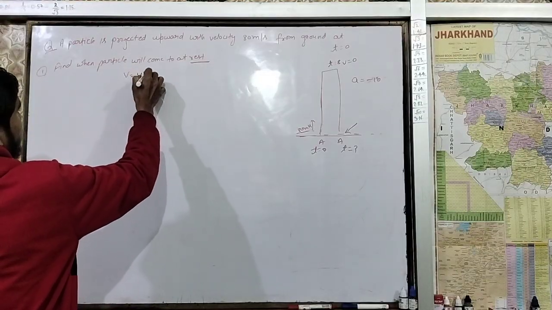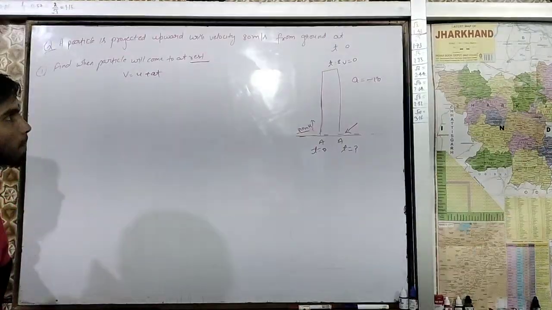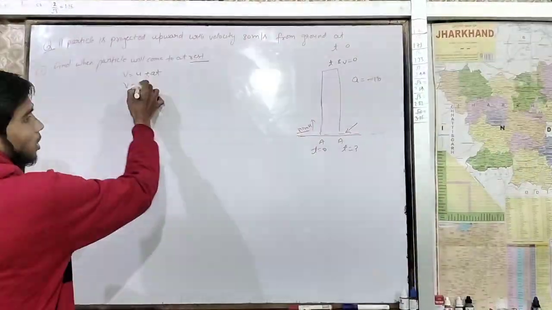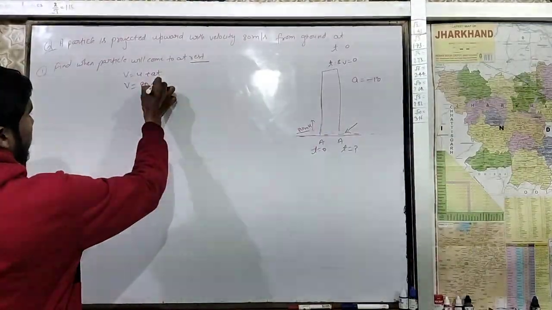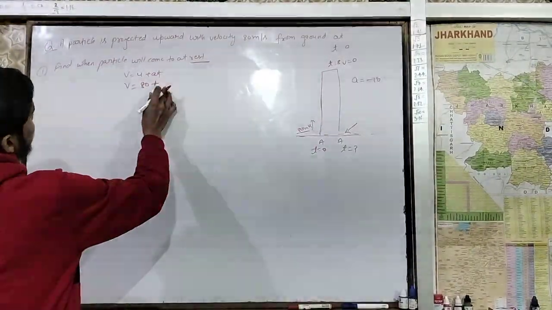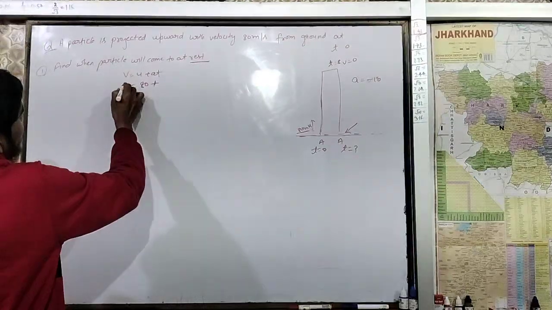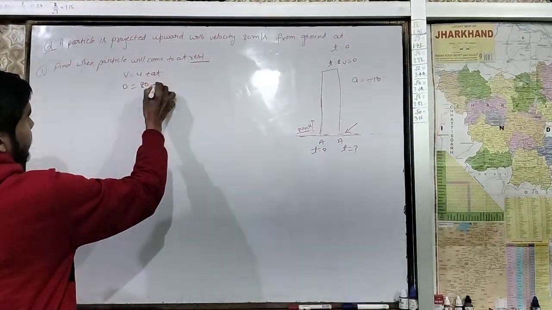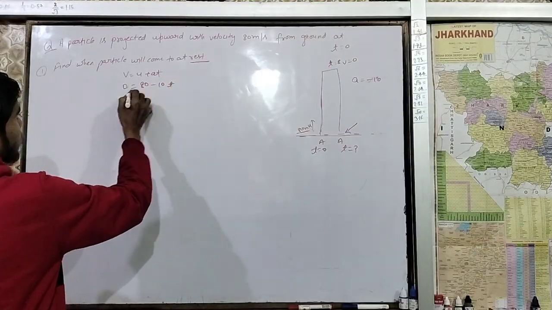v is equal to u plus at. So initial velocity u is 80 plus a t, and here v is 0. a is minus 10, and t we don't know.